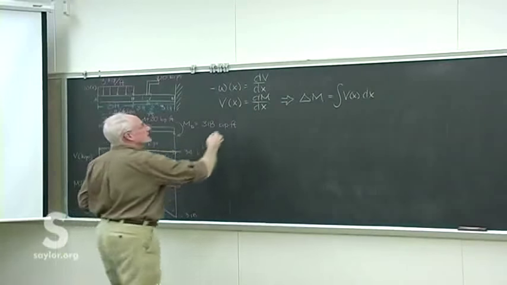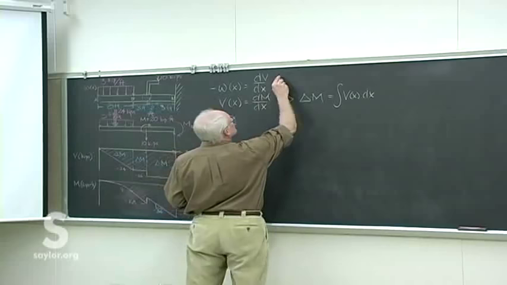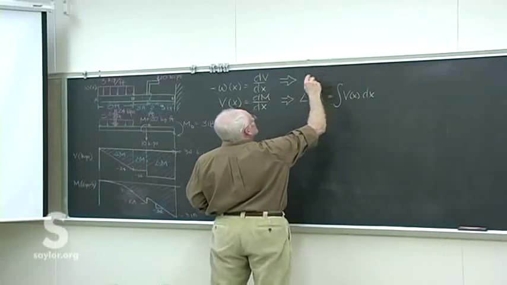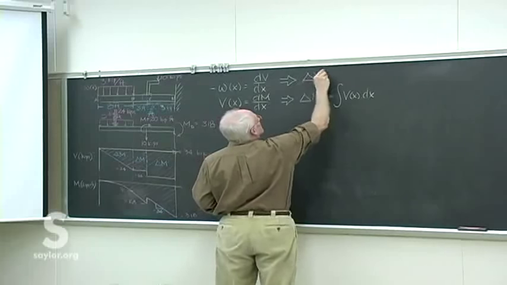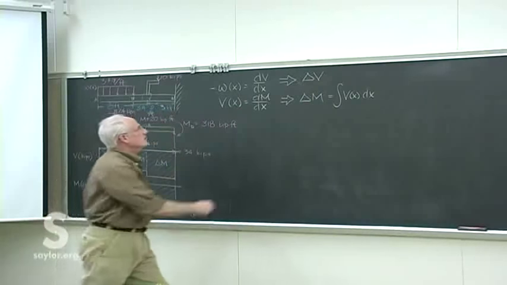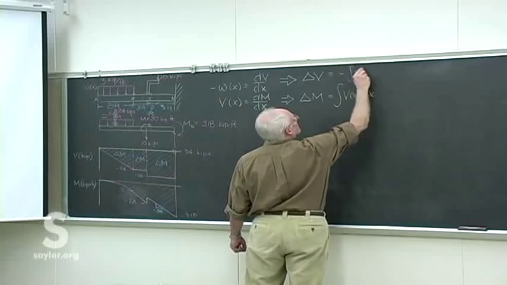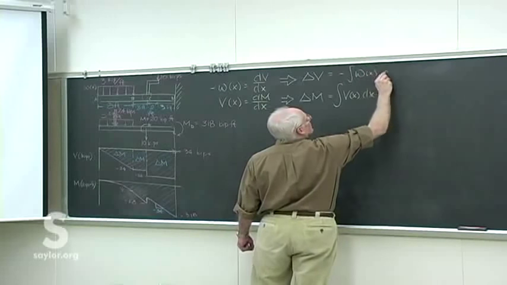Okay, so remember those relationships. Didn't happen to use it, but it can be very useful, that it's also true that the change in the shear is going to be equal to the opposite of the area under the load curve.